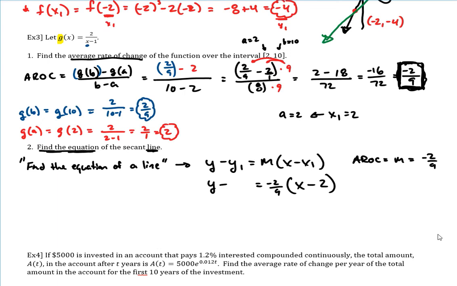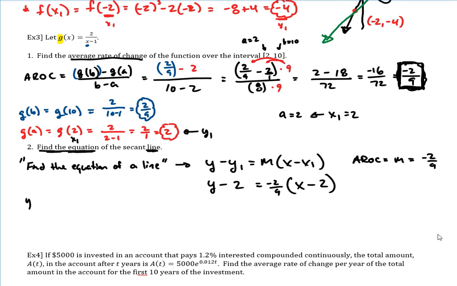Well, coincidentally, it is the same value. It is also 2. It's right there. So this one right here was our y1, because again, this 2 was our x1. So when we plugged x1 in, we got our y1 as 2. So I have y minus 2 equals negative 2/9 times x minus 2.